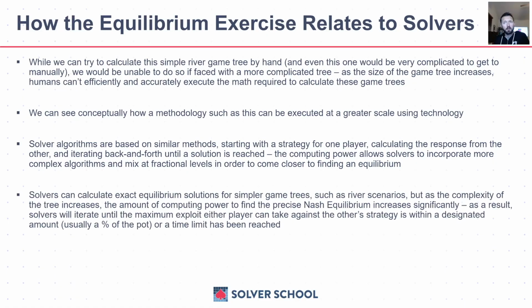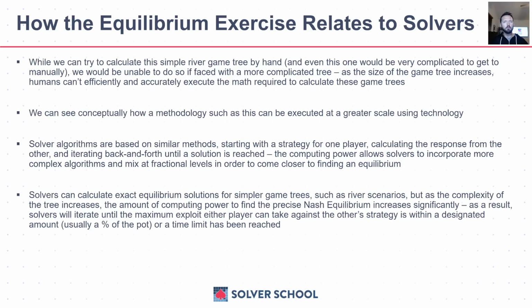Now, solvers can calculate exact equilibrium solutions for simpler game trees, such as this one. I ran this through a solver and it instantaneously got to a solution, which is the perfect Nash equilibrium solution for that particular game tree. But as the complexity of that tree increases, the amount of computing power necessary to find a Nash equilibrium increases significantly.